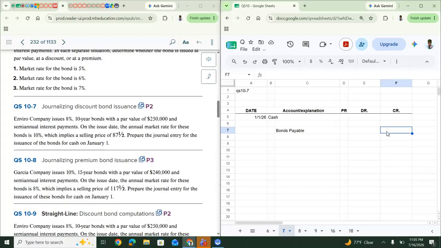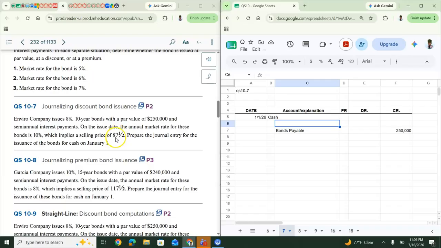So no matter what, it has to equal par, and for this example, $250,000 is the par amount. And I need to make sure I put a comma, not a period. So 250,000. And then the cash proceeds are going to be the difference.